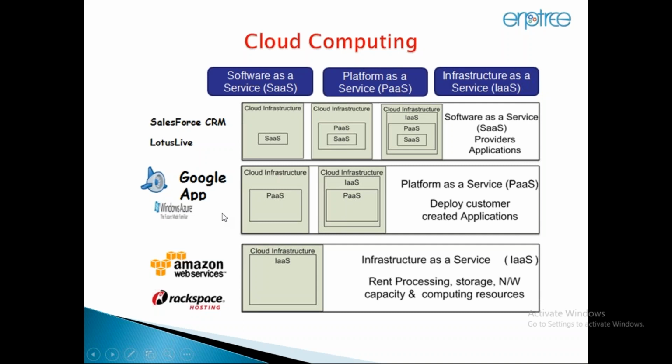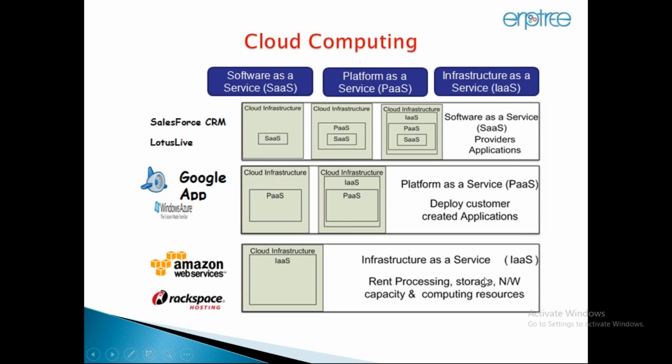Whereas when it is PaaS, Google App and Windows Azure are some of the platform providers who will give access to the applications as well as to the platform, so that you can deploy your own created applications or seamlessly use whatever applications are available on the platform by integrating them.